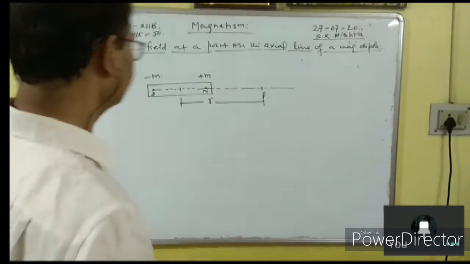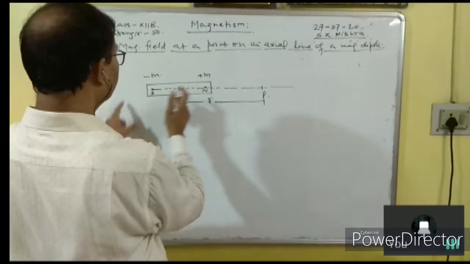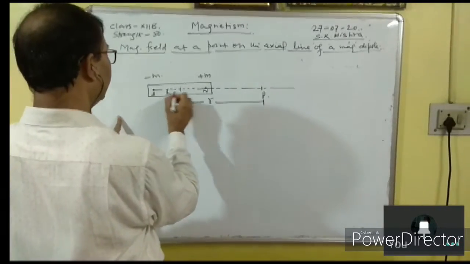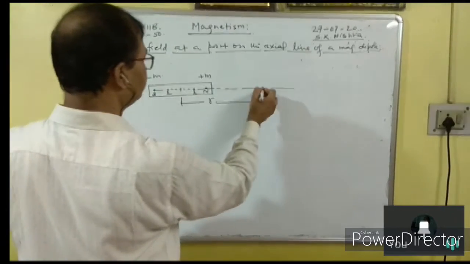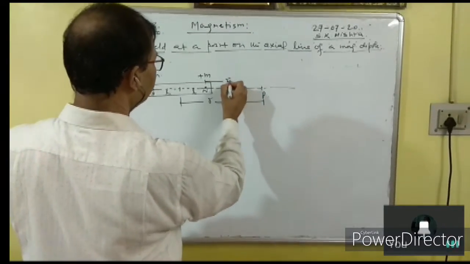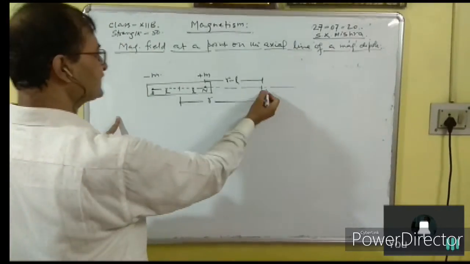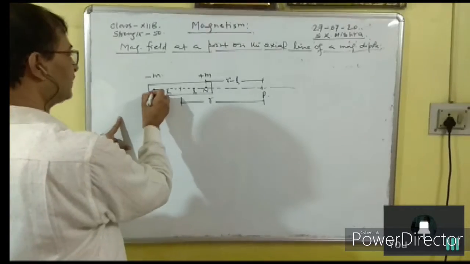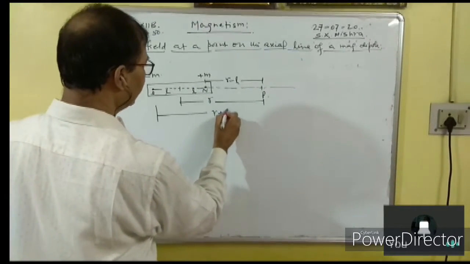Okay, have you taken it? Yes. So the magnetic field of a bar magnet is similar to the electric field at a point on the axial line and perpendicular bisector due to a dipole. In the same way, you can find the magnetic field of a bar magnet.